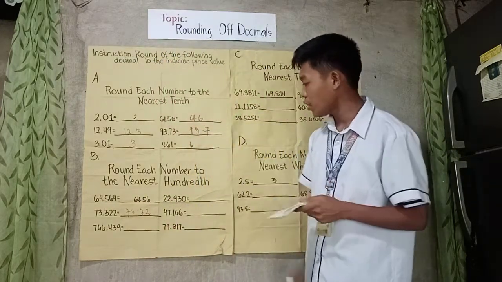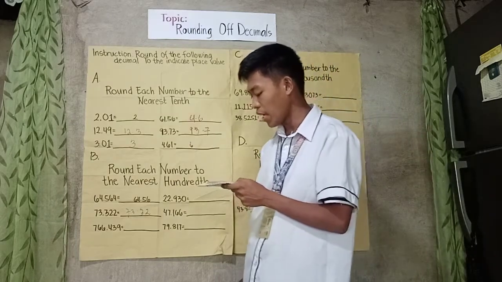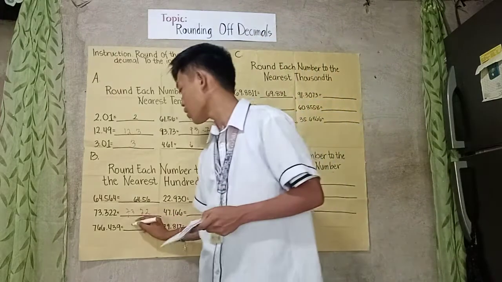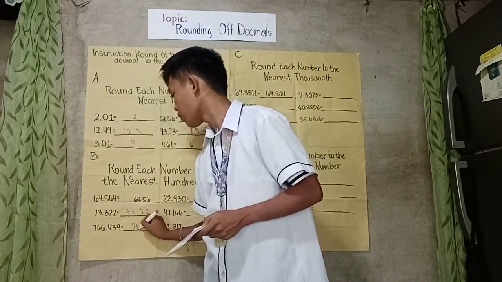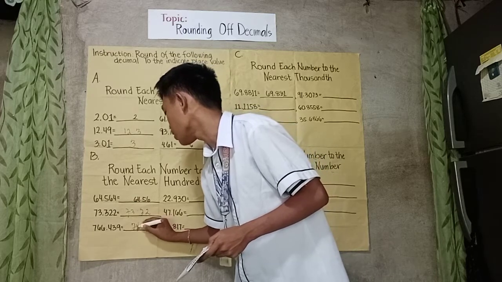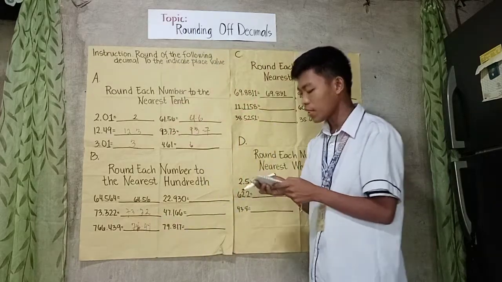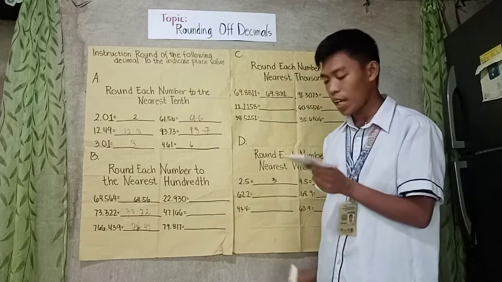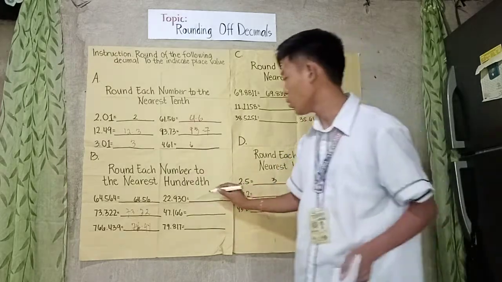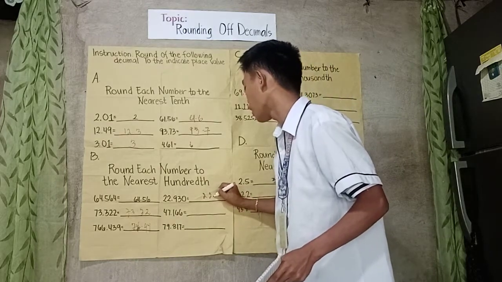Next is 766.439. If rounded off to the nearest hundreds, it will become 76.44. Next is 22.930. If rounded off to the nearest hundreds, it will become 22.93.